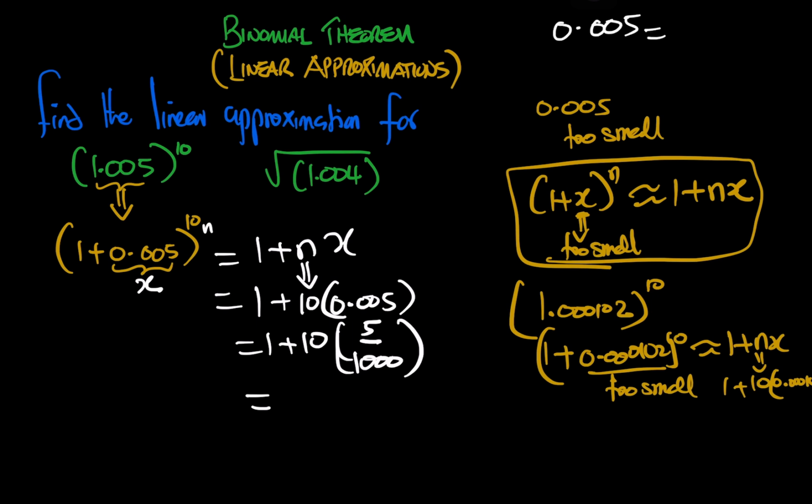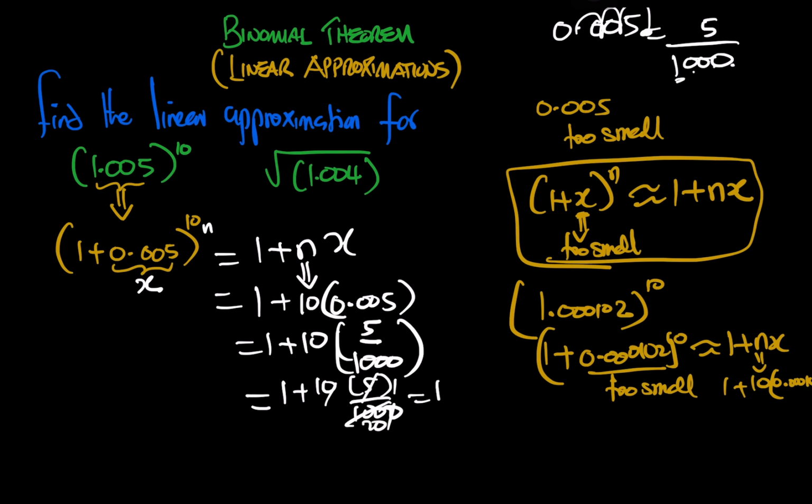And we want to move the zeros: 3 zeros, so it's divided by 1 followed by 3 zeros, and the top is 5. And when we do that, 1 plus 10 times 5 divided by 1,000, the 5 cancels out, and we get 1 plus 1 over 20.